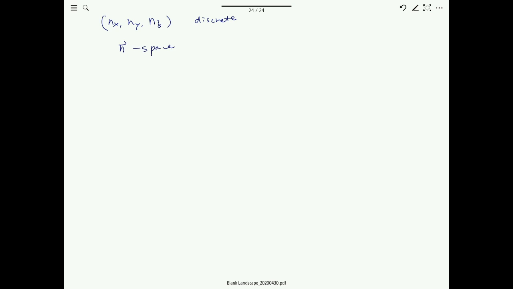Basically, for every n I have one state. If you want to normalize the probability, you should divide by some overall constant, but that's not essential in this delta function transformation. So basically I want the density of states in n space to be 1.